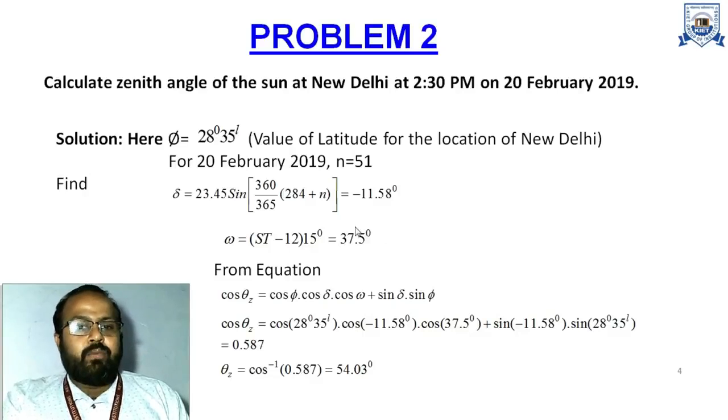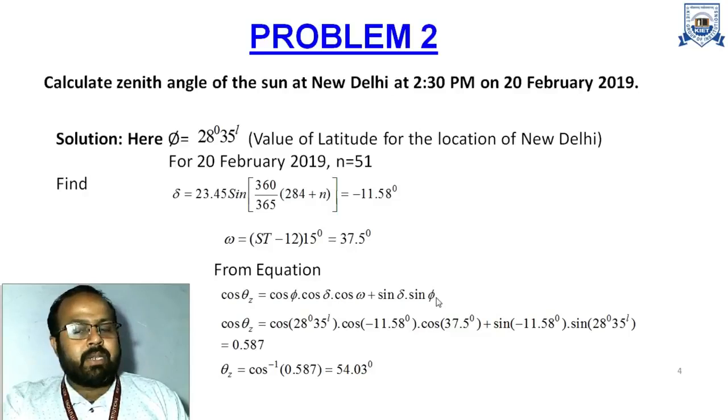To find the zenith angle, we use the equation cos theta z equals cos phi cos del cos omega plus sin del into sin phi.